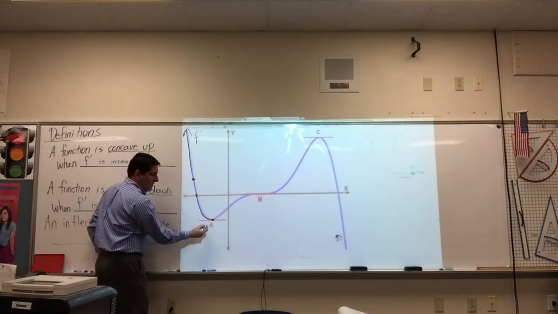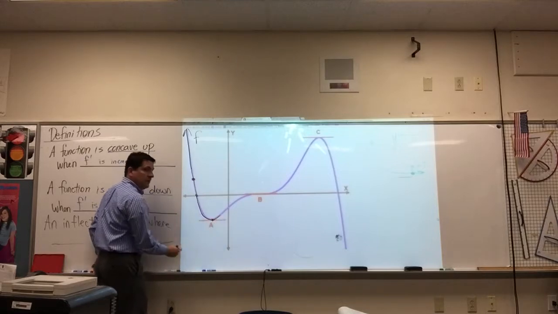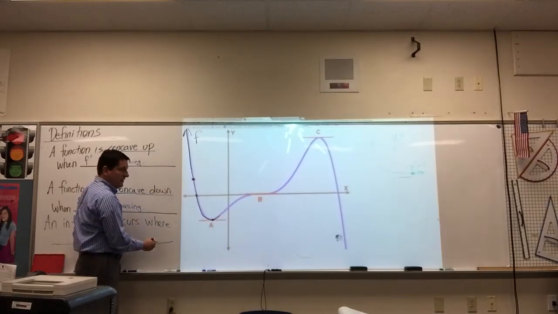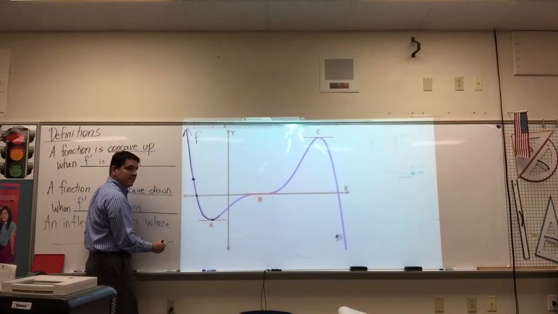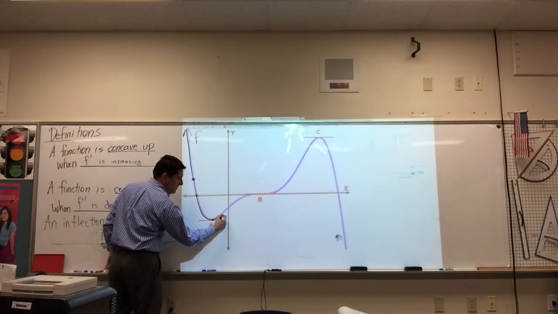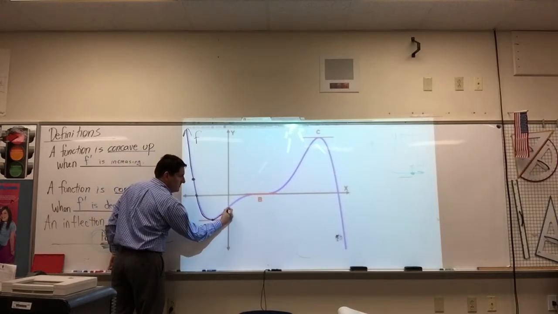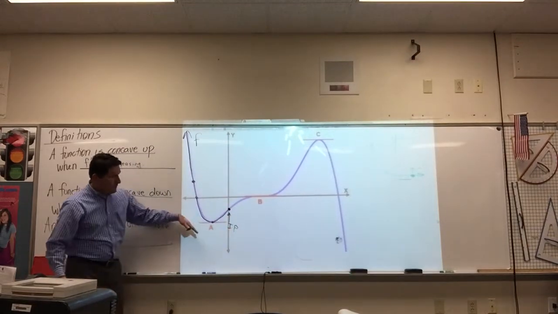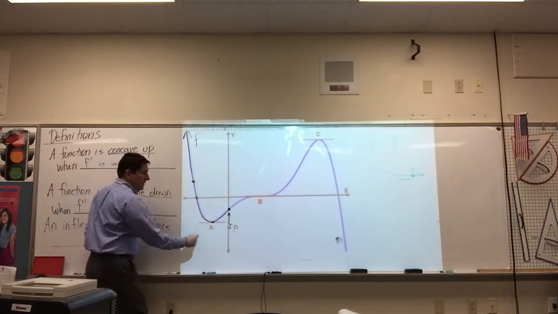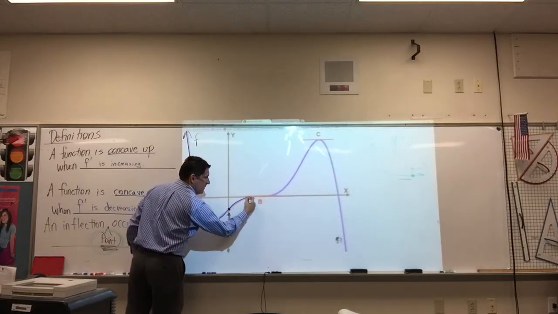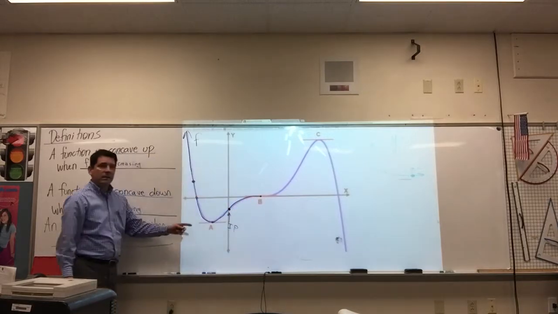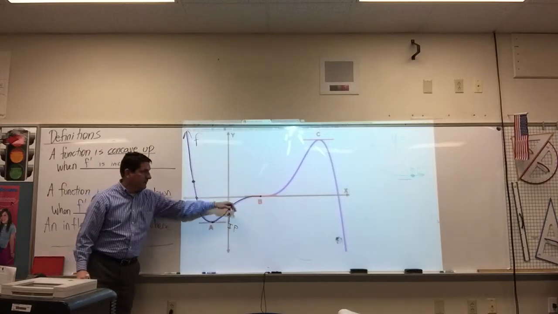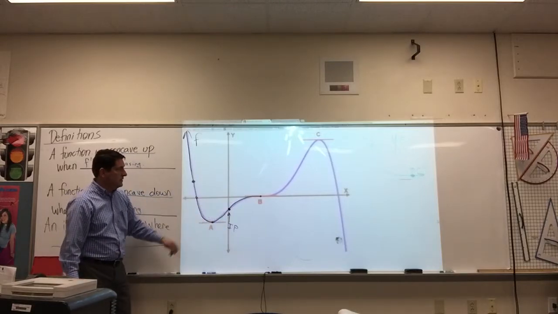Right here? Isn't that still increasing? Yes. At what point does it start to decrease? It's supposed to stop me right around now. This would be an inflection point because it goes from concave up to concave down.